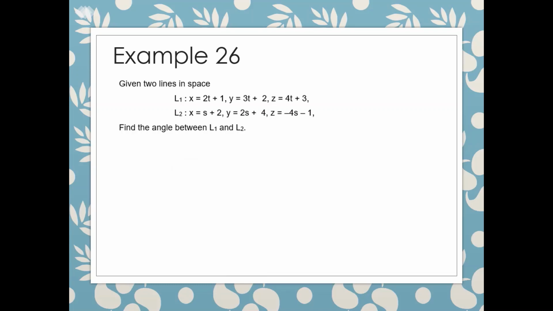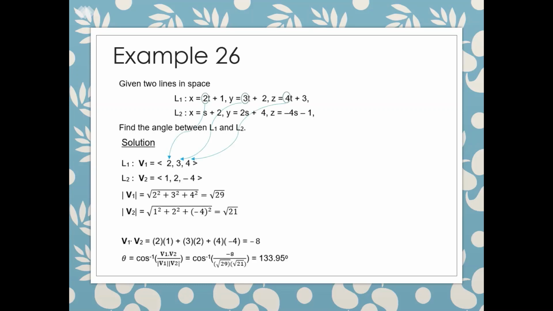Refer to example 26. You need to find the angle between the given two lines. First, you need to obtain the vectors from L1 and L2, that is by taking the coefficient of the parameter t and s. From L1, V1 is equal to 2i plus 3j plus 4k. From L2, V2 is equal to i plus 2j minus 4k.